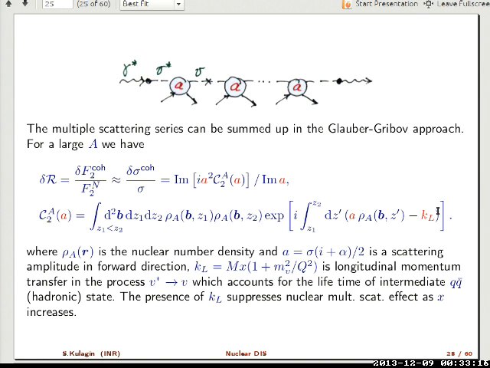And so the rate of these effects would be controlled by the effective scattering amplitude for intermediate states.